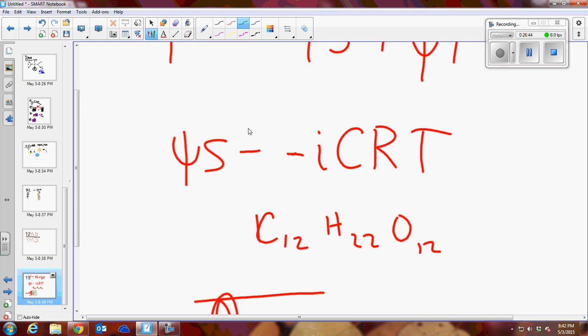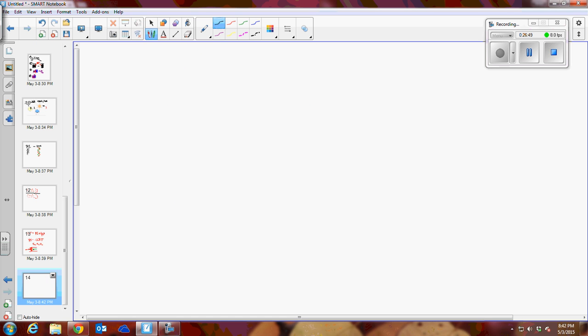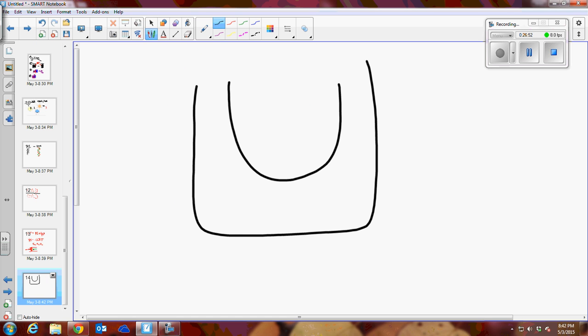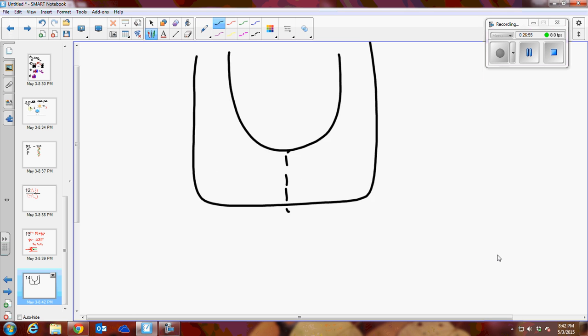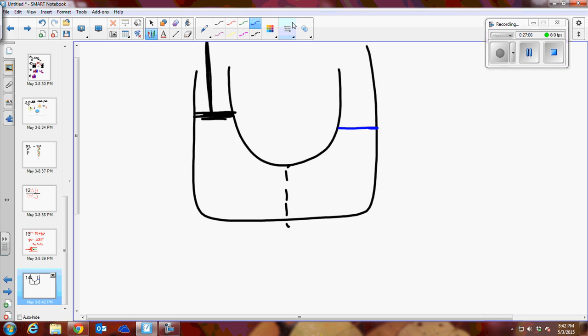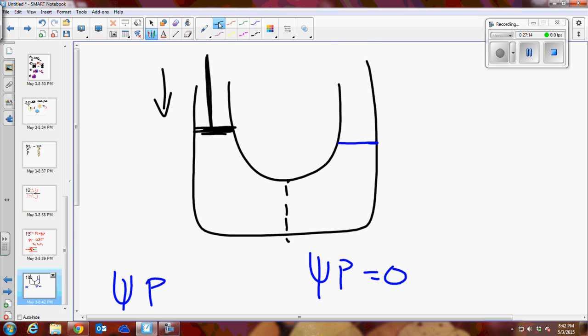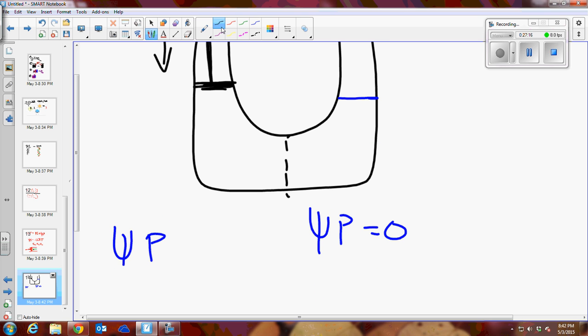And oftentimes you see this U-shaped thing here, and you have a little membrane across here, and maybe there's a plunger here, and the water's like real low there, and psi p on this side is going to equal 0, whereas psi p on this side, because it is a positive pressure, is going to equal 2.